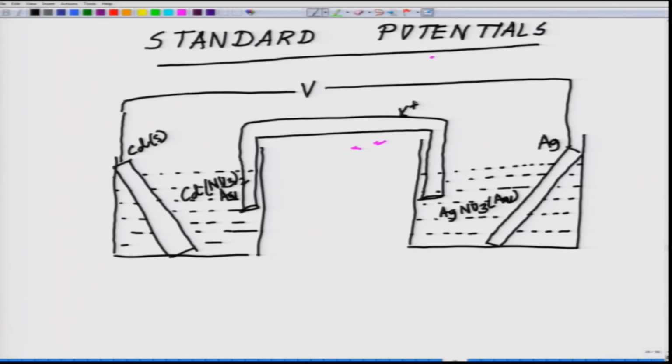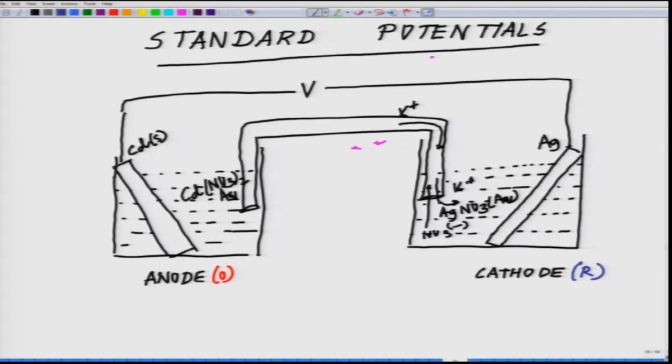If you recollect, the potassium ions were moving like this, leaving this part, and the NO3 ions were moving inside from the cathode side. This is your cathode and this is your anode, where you have the oxidation taking place; the cathode is where you have the reduction taking place.